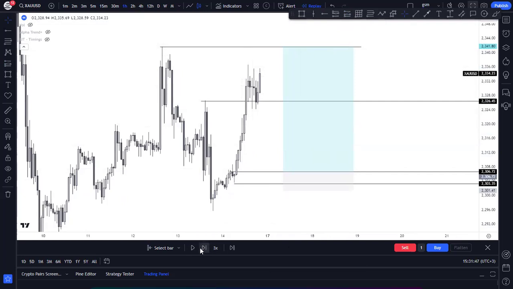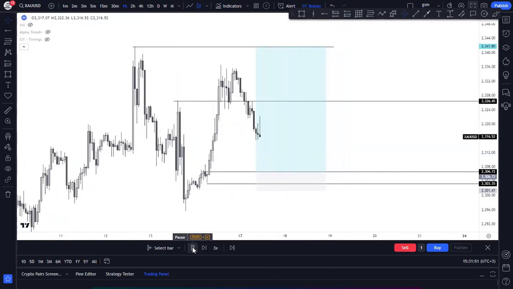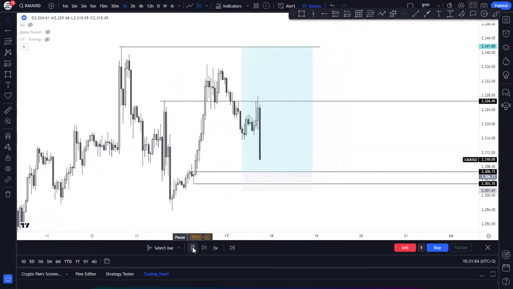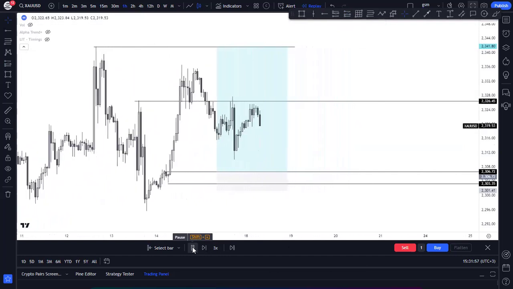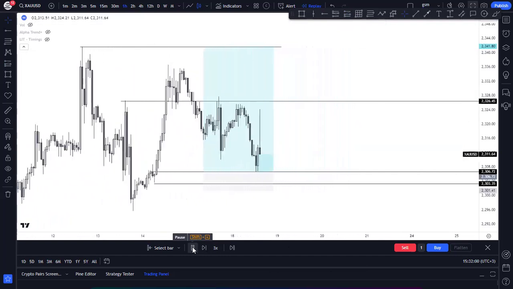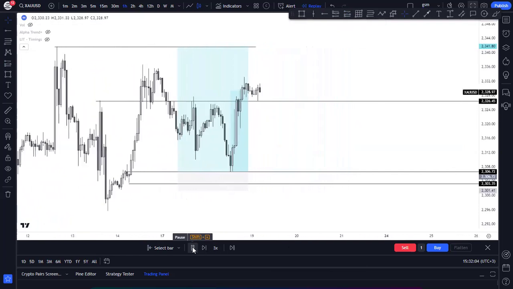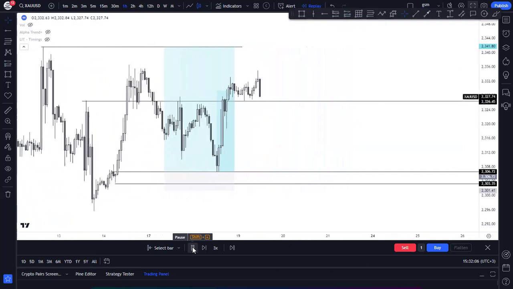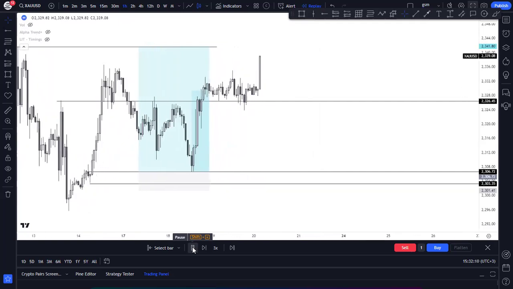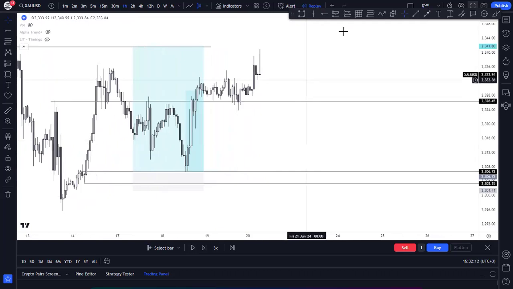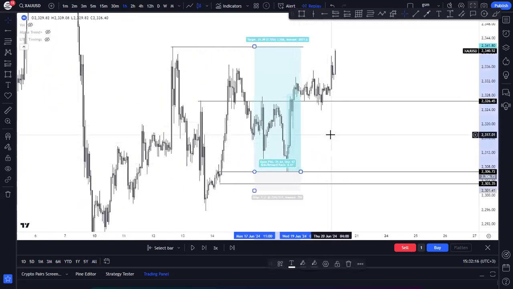Okay, so if I let the price play, the price just came down, tapped right there, and then finally took the highs right there. Okay, so this was the trade that I took.